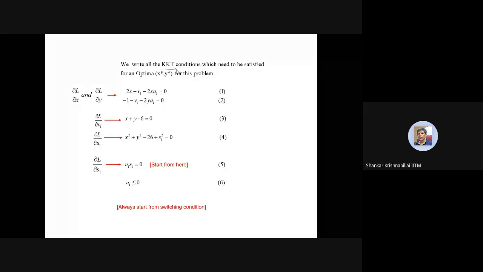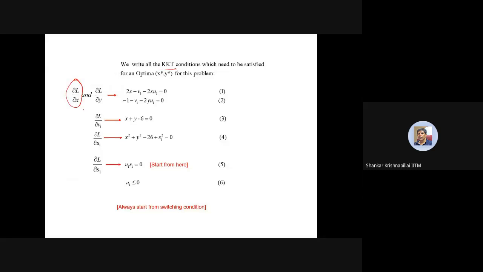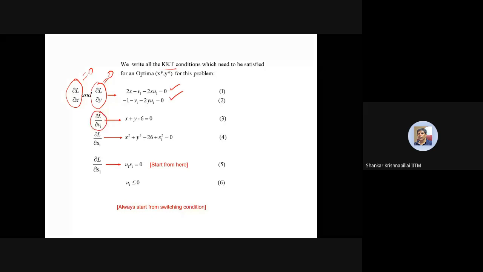KKT conditions are written. The first is partial L by partial x equal to 0. Another is partial L by partial y equal to 0. That is these two. Then another is partial L by partial nu1 equal to 0, and partial L by partial u1 equal to 0, and partial L by partial s1 equal to 0.